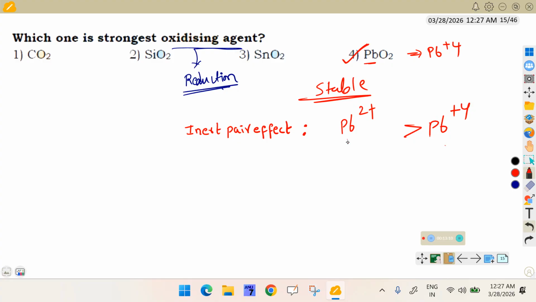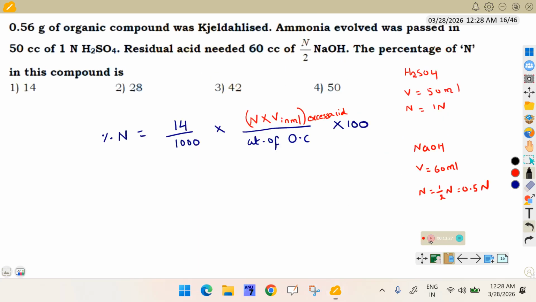Pb2+ is more stable. Pb4+ is converted to Pb2+. When it is converted to Pb2+, it gains electrons. Gain of electrons is called reduction, and it acts as a strong oxidizing agent.